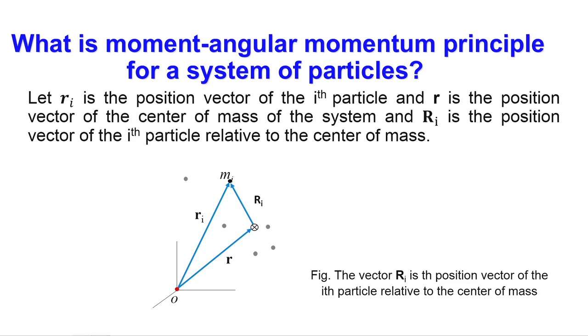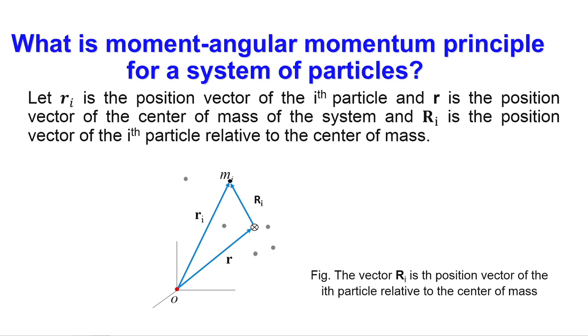Now, we go to another case, when we have a number of particles in a system and we want to find the effect of the moment and angular momentum principle. That means we find the moment about a point O in the inertial system, and that point is fixed.